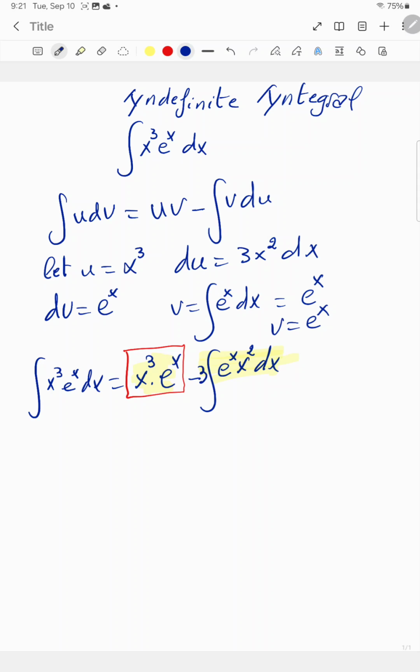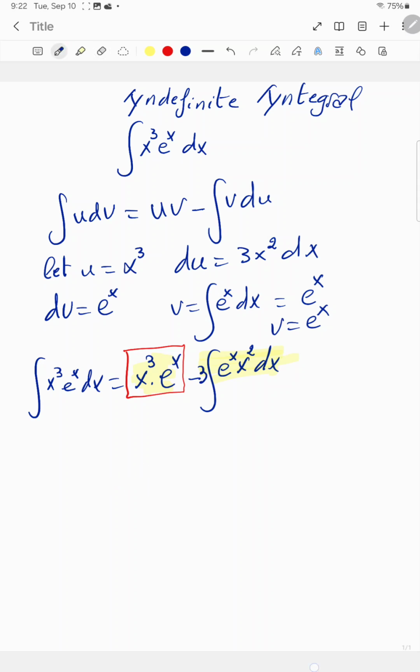So again here, I'm going to use the same formula, integral of u dv is equal to uv minus integral of v du. In that case, I will say let u be equal to e to the power of x, so my du is equal to e to the power of x dx, and my dv, no, you know what, it's better if I take my dv equal to e to the power of x.